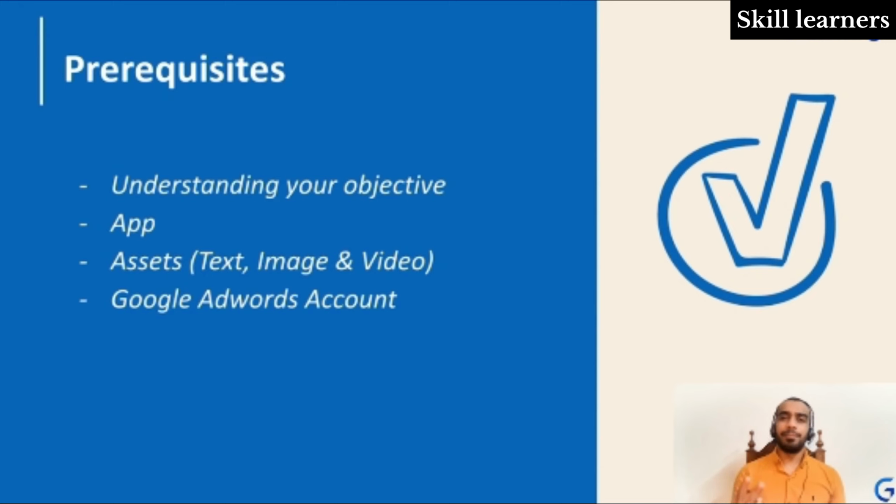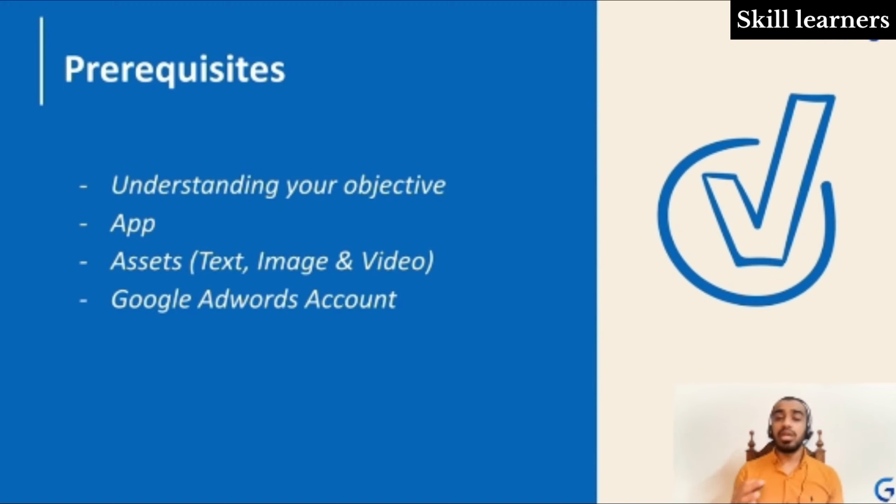The second prerequisite is having an app. So I think that is a no-brainer for this particular video. It is called Google App Campaign. So you would definitely need to have an app to actually promote it. But for the sake of this video, I can show you how you can just test out a Google App Campaign without actually having an app.